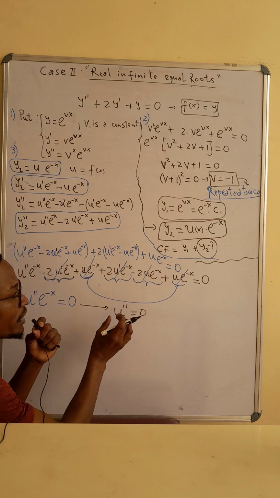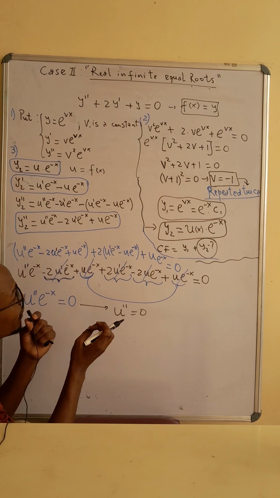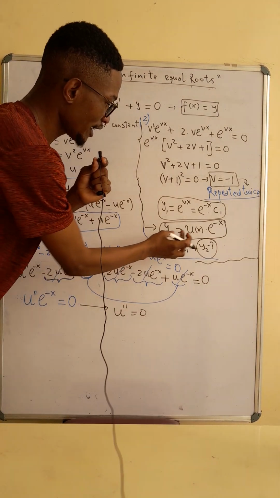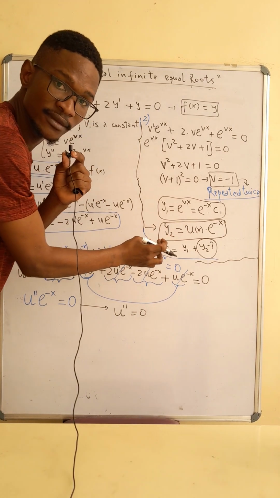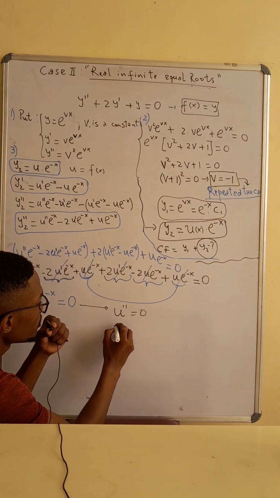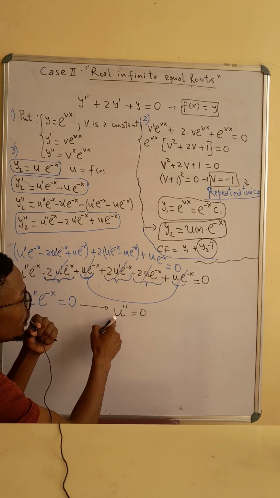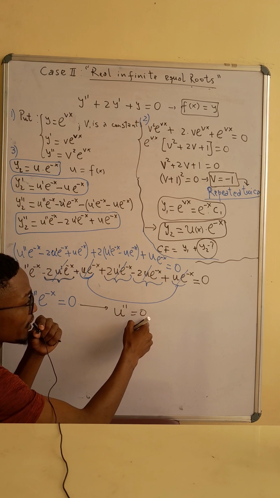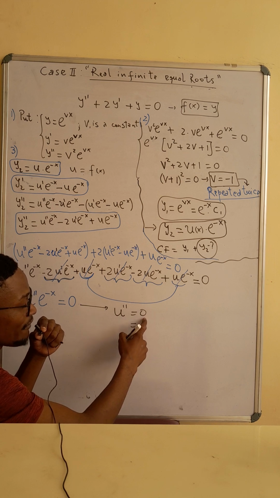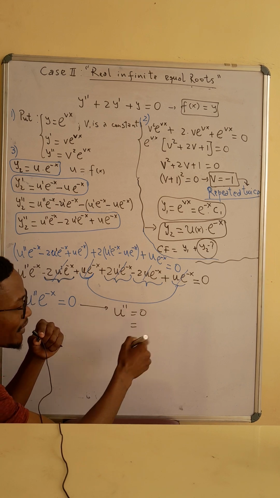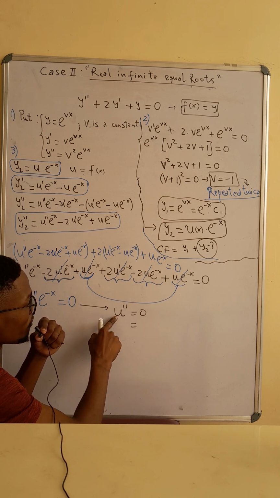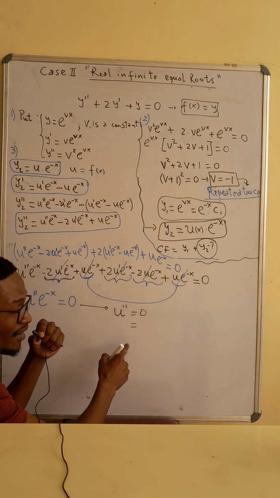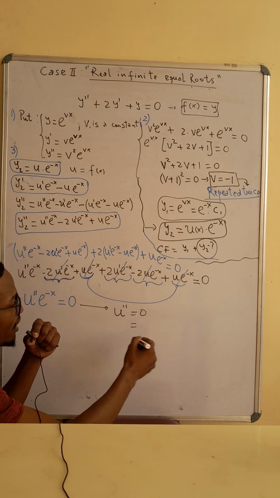Now, how to find what is my u? Because my intention here is to find u, so that I can write the second solution. If u is a function of x, it means that whatever I have here is also a function of x, even if it is 0 or something like that. If I derive a function of x, it will be a function of x also.